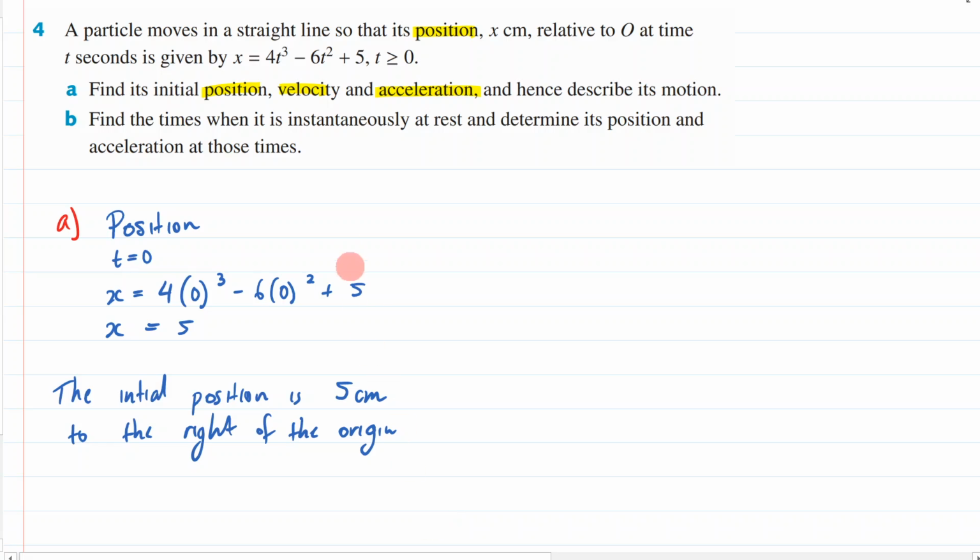Perfect. Let's now go on to velocity. I'll do this one in a different color. Now we're going to talk about velocity. Velocity, remember, is v is equal to dx/dt.